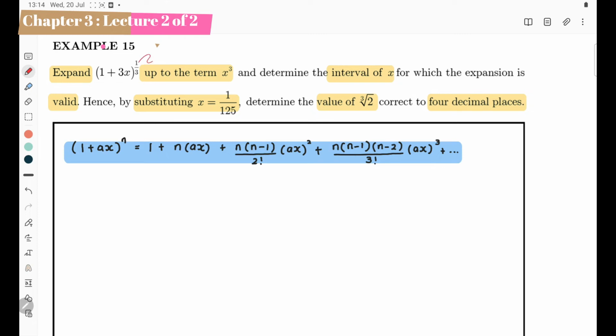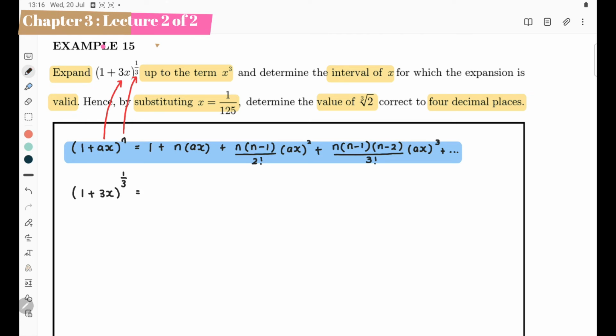So first, if we compare this expression with the binomial expansion formula that we have here, we know that n is 1 over 3 and ax is 3x.